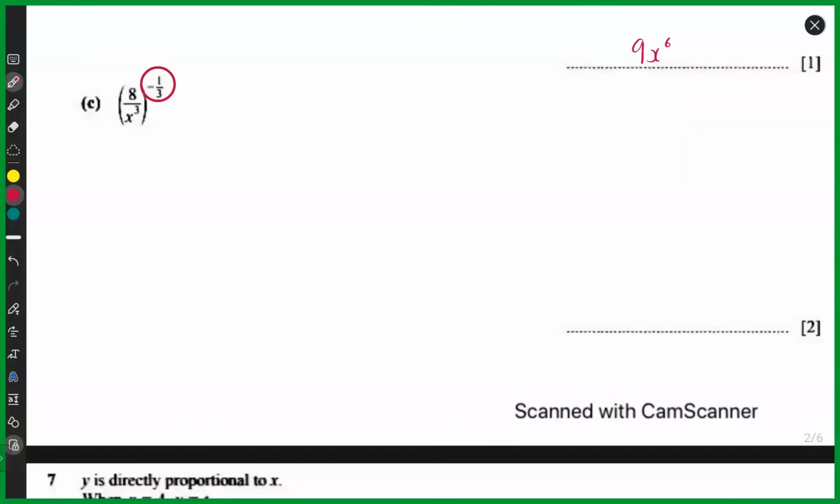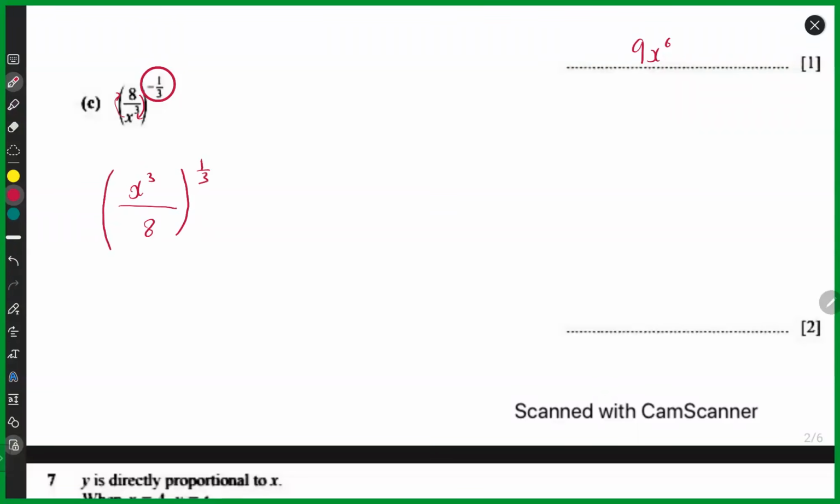How do you get rid of it? You will get rid of this negative power by basically taking the reciprocal of the fraction. So x cubed would go in the numerator and 8 is going to come in the denominator. So this would become x cubed divided by 8, and now the power is going to be 1 by 3.